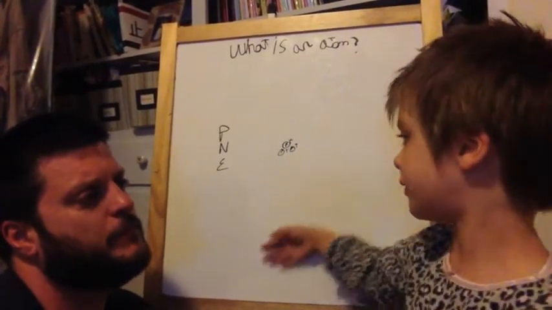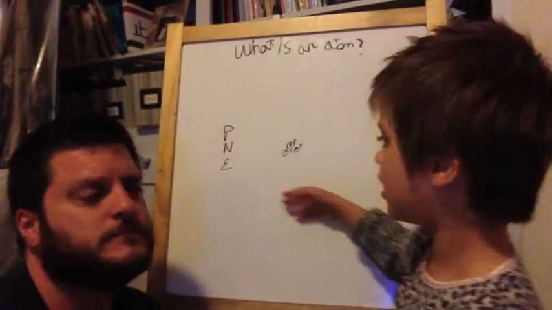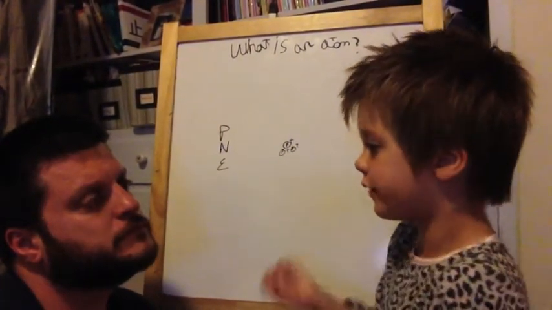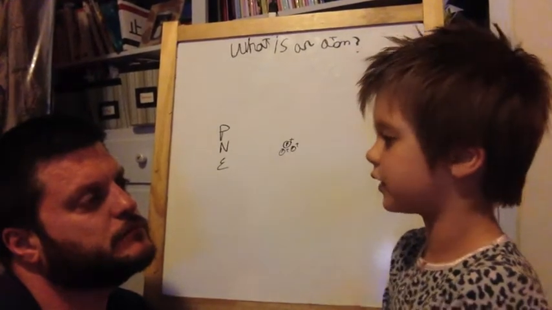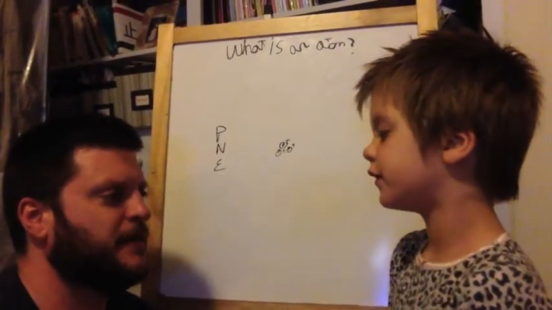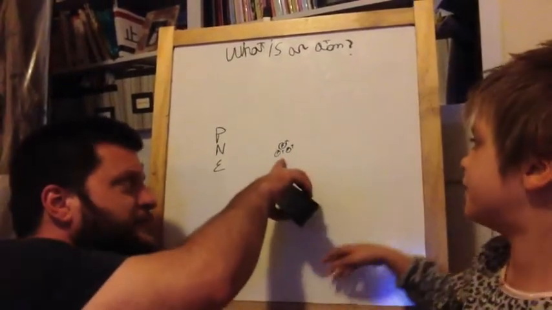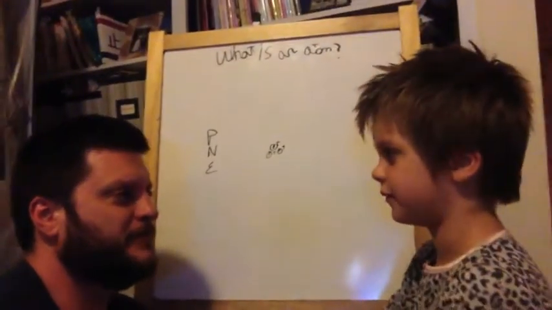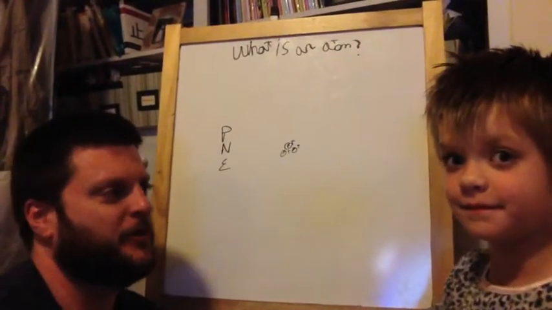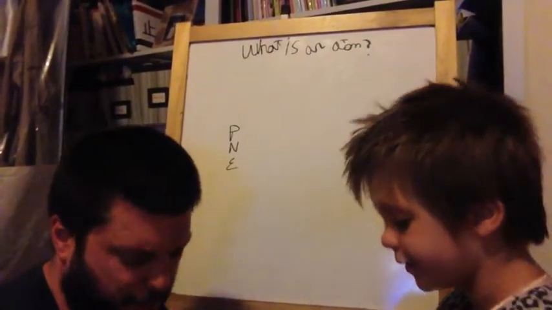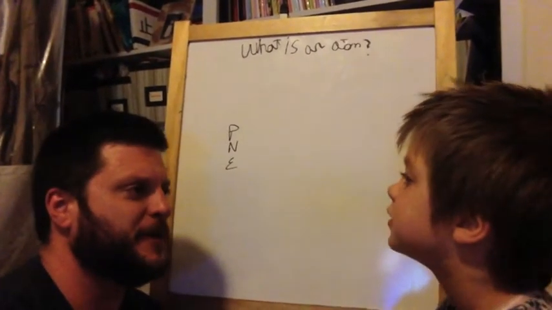Positives repel each other and negatives stick to positives. If they're the same, they push apart, and if they're different, they attract each other. So if you put all these positives together, they would explode and push each other apart. So how do you keep that from happening in a nucleus? Why doesn't a nucleus do that?